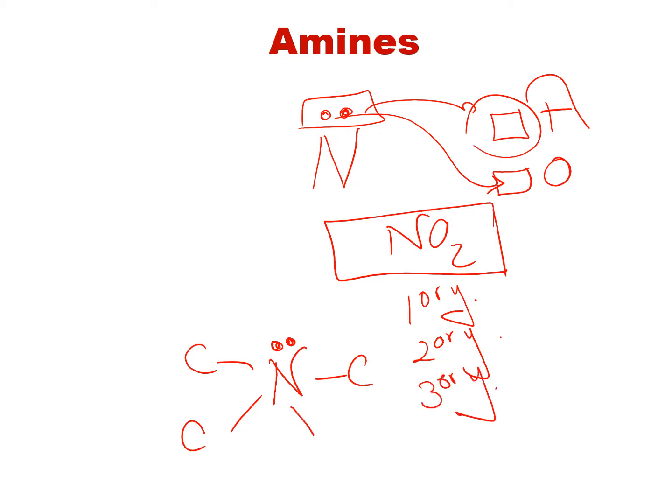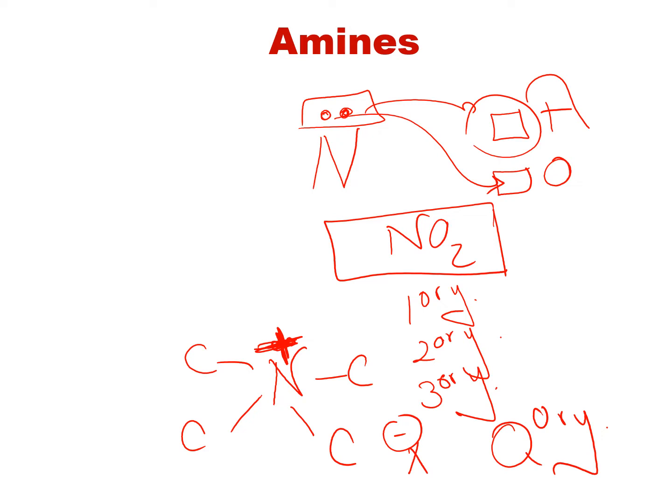If we attach it to a 4th carbon, putting a positive charge on the nitrogen, and a counter ion, a halide or a hydroxide or whatever, should be present, then this is a quaternary amine. So primary, secondary, tertiary and quaternary amines are exactly the same as primary, secondary, tertiary and quaternary carbons.